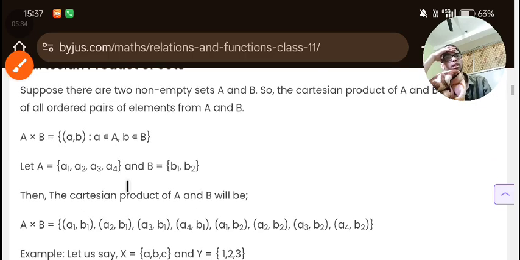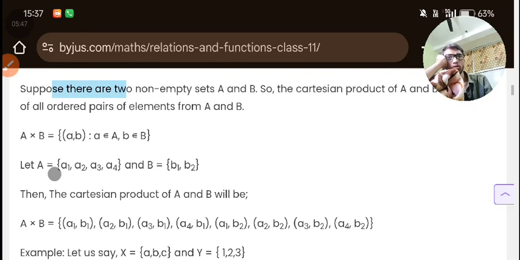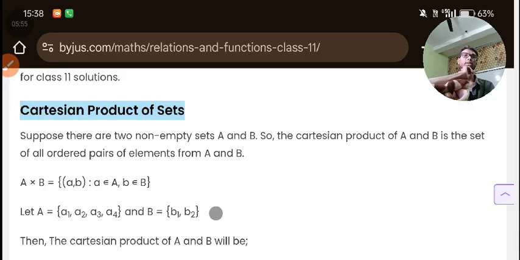Now in this, as you can see, the Cartesian product of sets is the basic of a set.